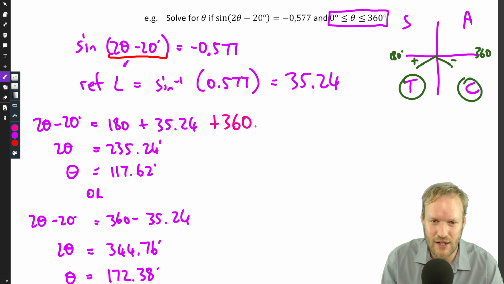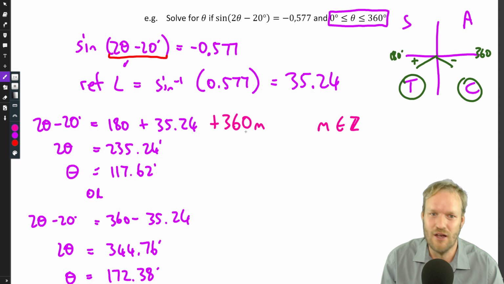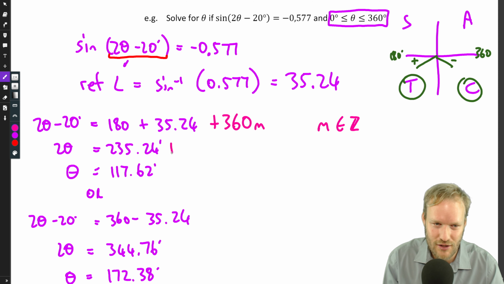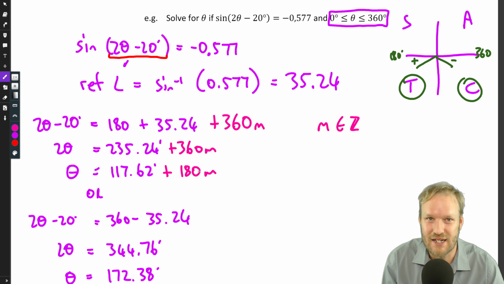Choose your variable. I'm going to choose m today. So m is some integer. In other words, you can add 0 360s, 1 360, 2 of them, minus 4 of them. We're going to get the same answer. So if we were working out the general solution, we would do that. And then when we divide by 2, we would add 180m because we have to divide the entire equation by 2.